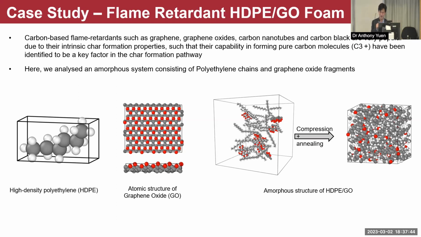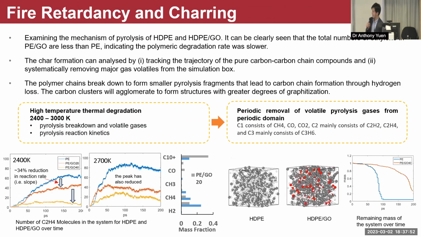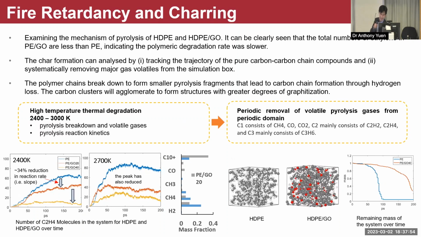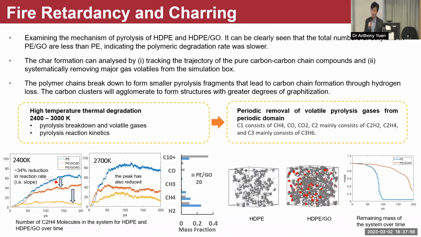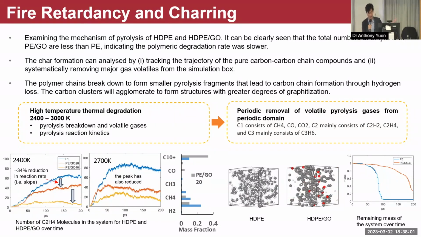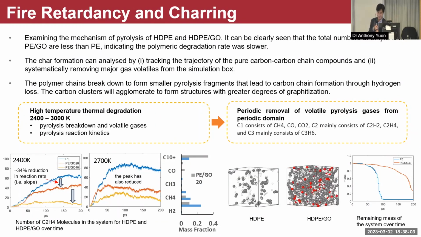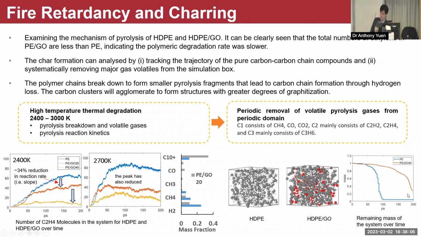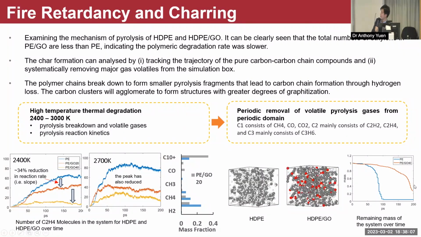The reason behind graphene oxide is because it's easily accessible and it works pretty well with HDPE. After the annealing process, we can now study and benchmark the burning behavior of HDPE against HDPE with GO.